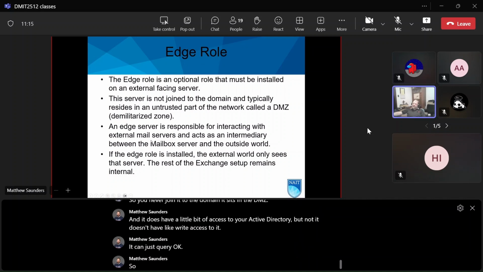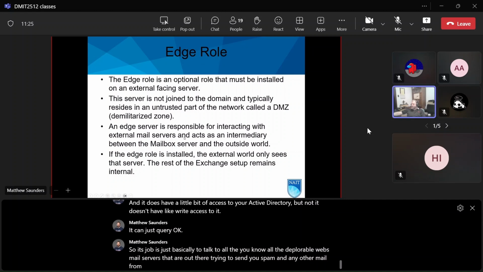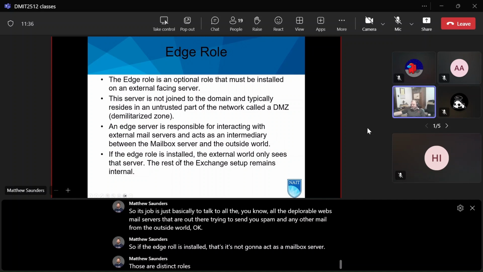So its job is just basically to talk to all the deplorable web mail servers that are out there trying to send you spam and any other mail from the outside world. Okay. So if the edge role is installed, it's not going to act as a mailbox server. Those are distinct roles. You got to choose one.